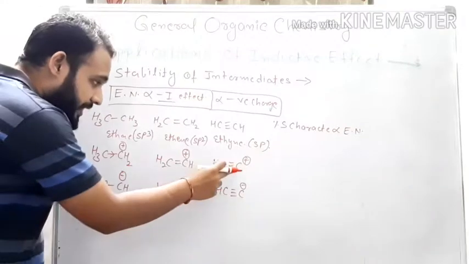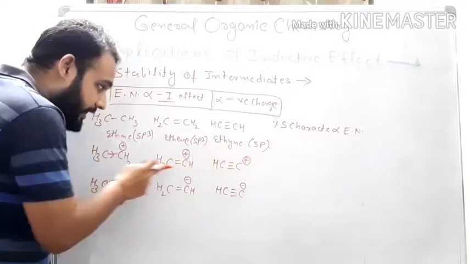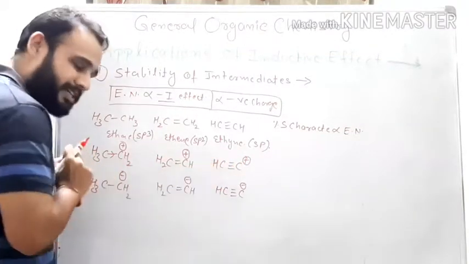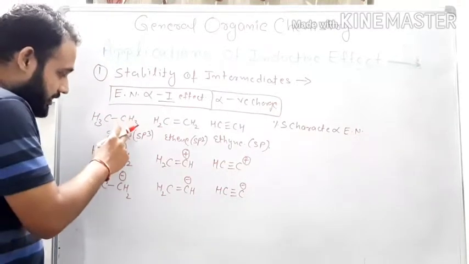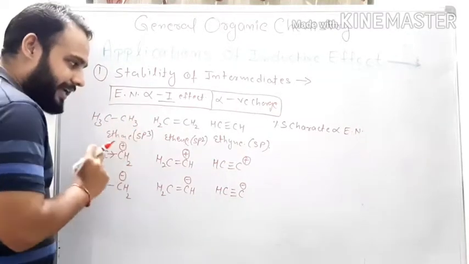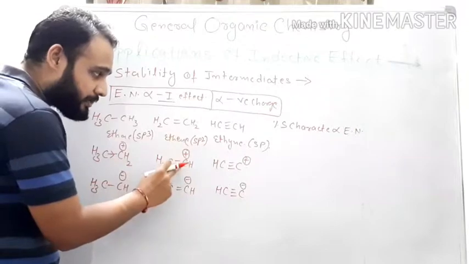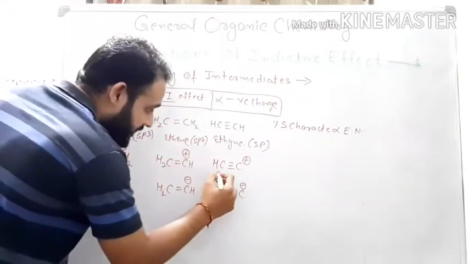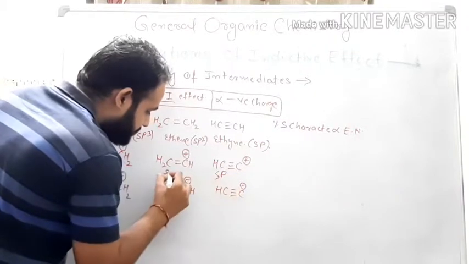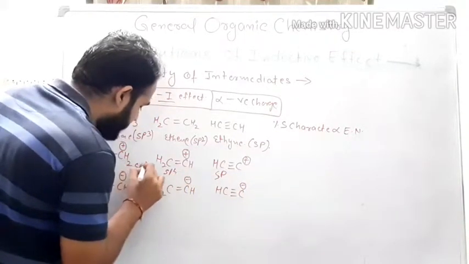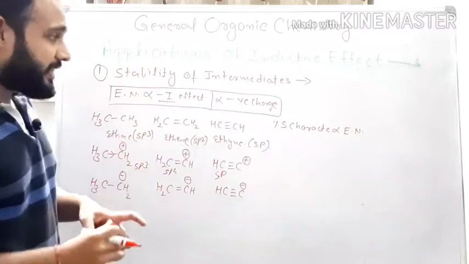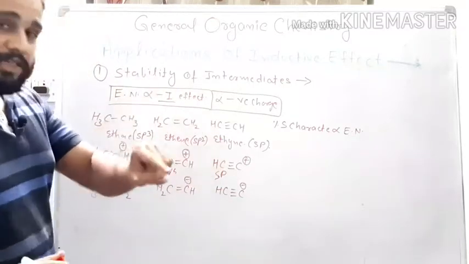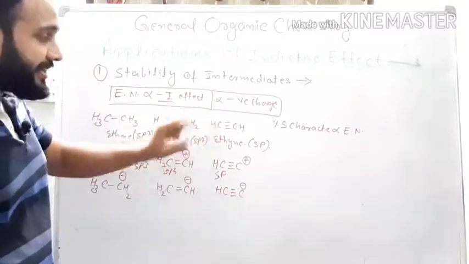So when you compare their respective cations, ethane has an sp3 cation, ethene is sp2 and ethyne has sp. Here hybridization changes from sp2 and sp3. So it means electronegativity will be high in ethyne.